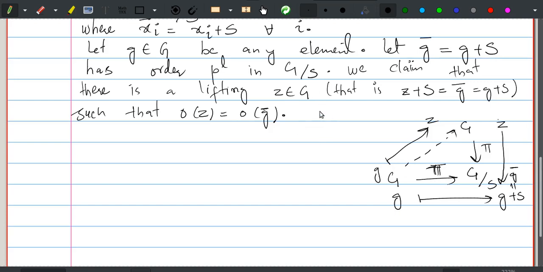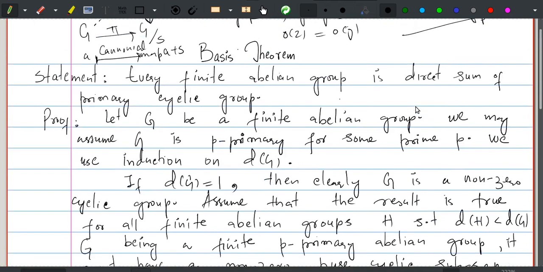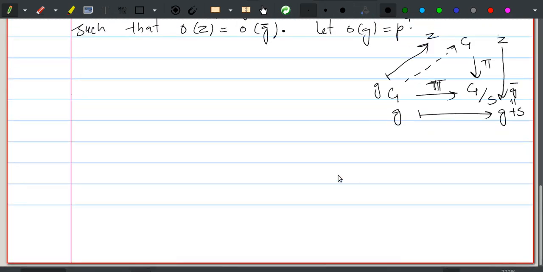So let the order of G be p power n. Now note here, this G goes to G plus S, which is pi of G, which is G bar.